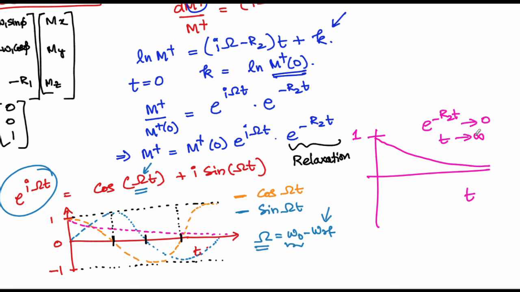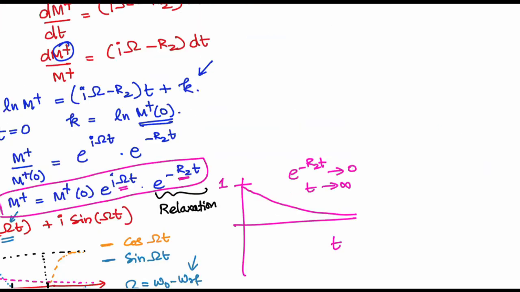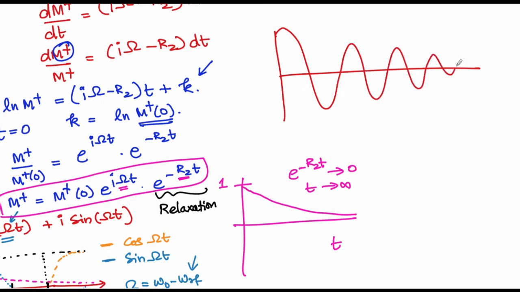So once you are able to see this, you are able to understand how the signal looks, which is what you would see in most of the NMR depictions. This is as a function of time, what you're measuring is M plus. So this will be something like M plus of naught, whatever the signal maximum was at time equal to 0.